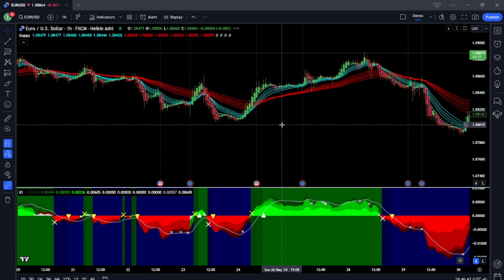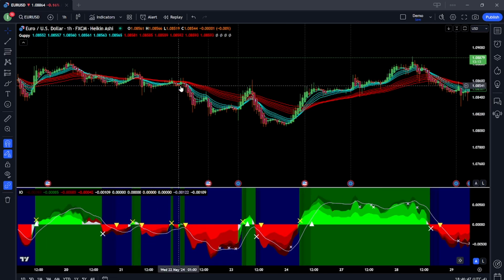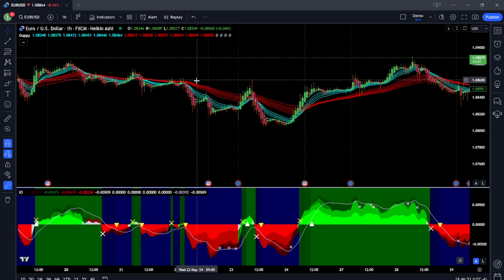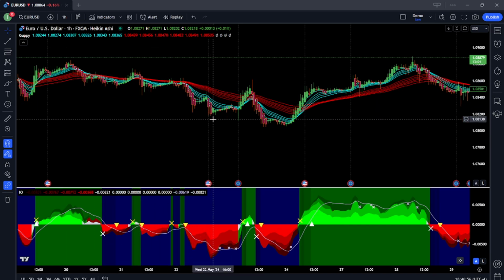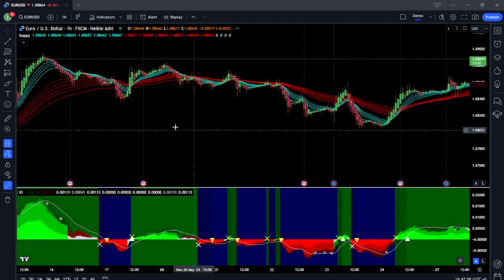If they don't agree with each other, like you see a single line here, they're merged into each other. It's not clear. Red is a single line. So this is a sideways market. When they separate out from each other, that's when the market is trending.